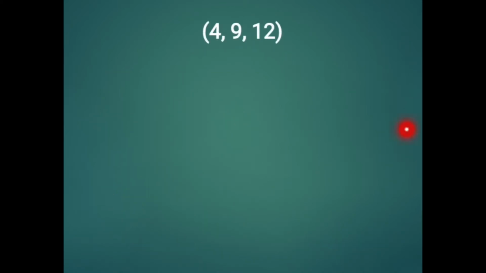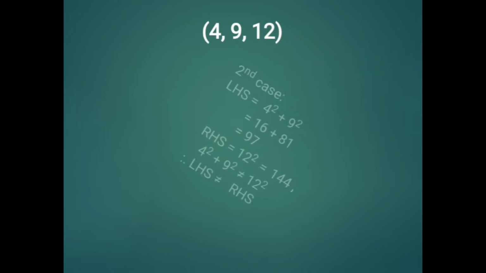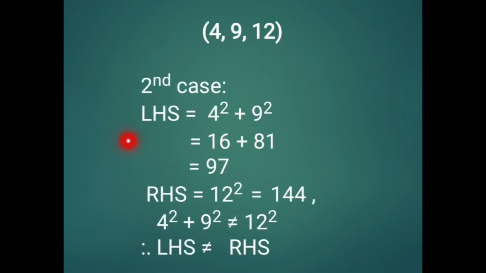Now see the second example. Numbers are 4, 9, 12. Here the greatest number is 12. So we apply the same procedure. In LHS we find the sum of squares of 4 and 9. So 4 square is 16, 9 square is 81. So after adding we get 97.